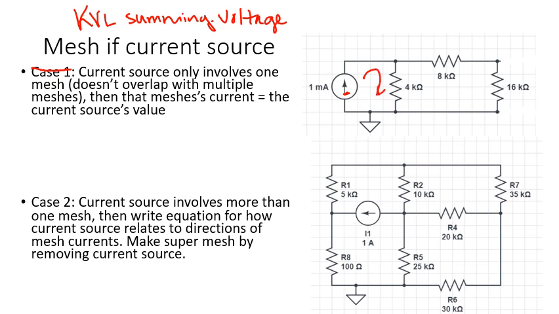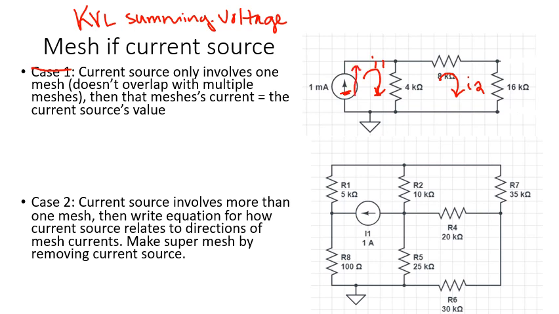So if I make here's my mesh I1, and here's my mesh I2, then this current source really only interferes with I1. It doesn't interfere with I2. My next question to ask myself is which direction is that current source going compared to how I've drawn my arrow for I1?